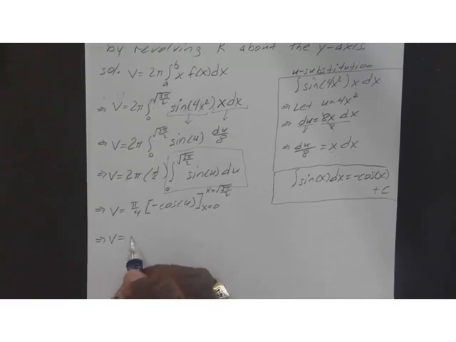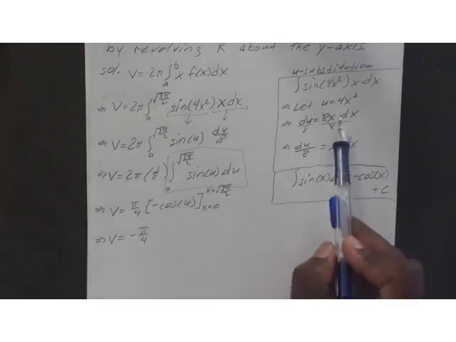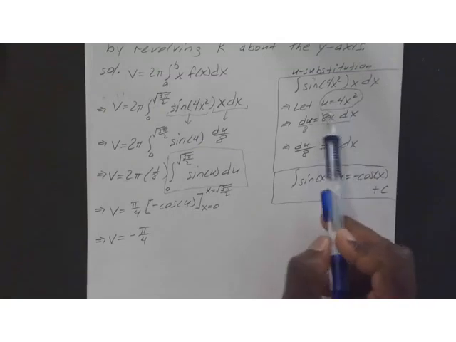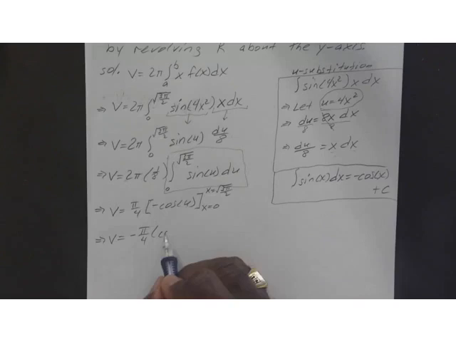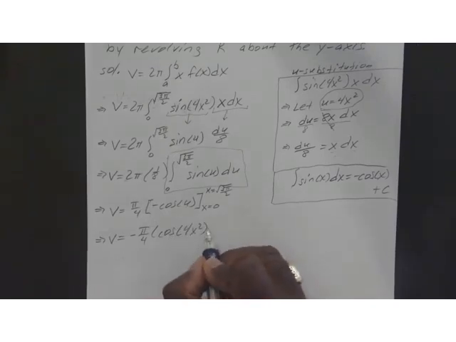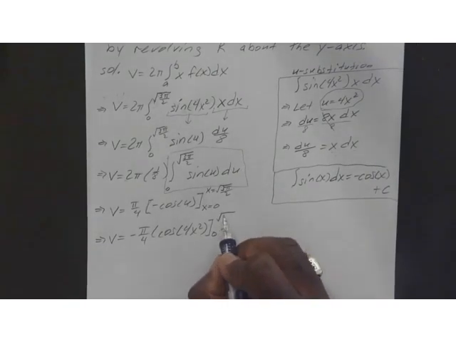Where our volume is equal to negative pi over 4. And instead of cosine of u, we can just replace the u with 4x squared. Cosine of 4x squared from 0 to the square root of 3 pi over 2.